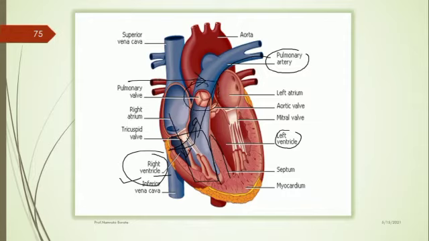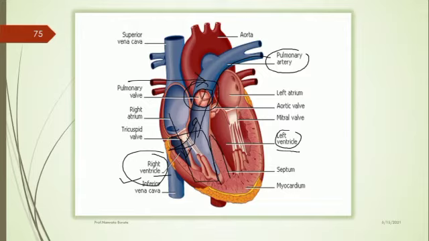You can see here, there is the presence of three pocket-like valves present at the base of the pulmonary aorta or the pulmonary trunk, called the semilunar valve. Again the same function: it prevents backward flow of blood during the ventricular diastole.